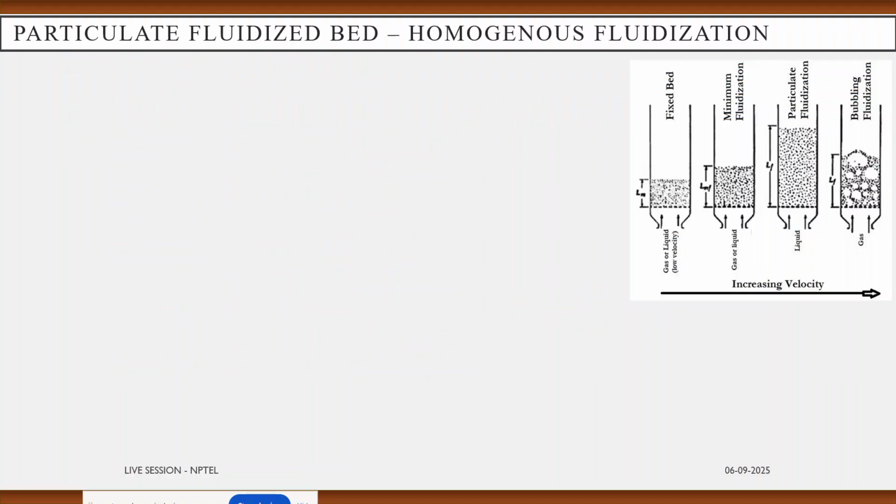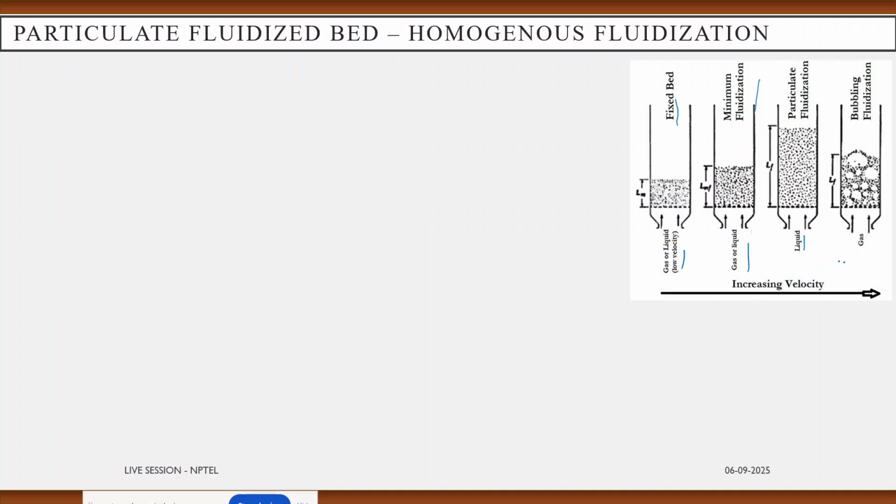So now we are going to discuss particulate fluidization. This is the condition of homogeneous fluidization. You can see at low velocity, it is a fixed bed. At slightly higher velocity, it is reaching the minimum fluidization.